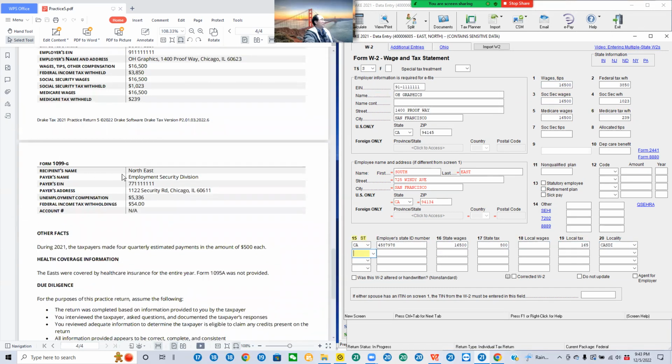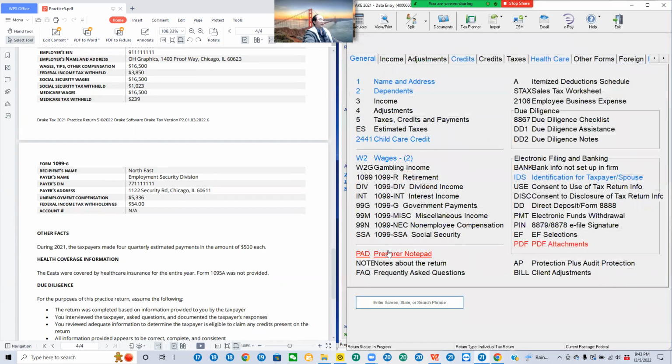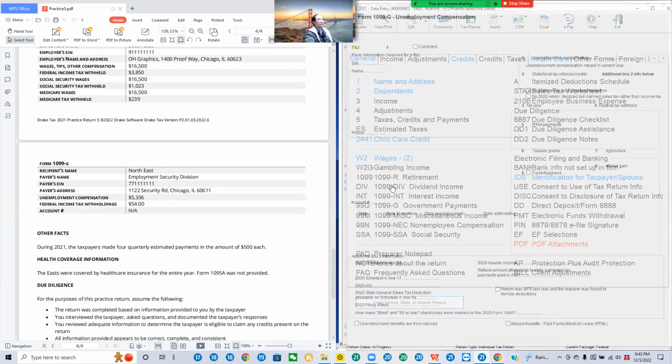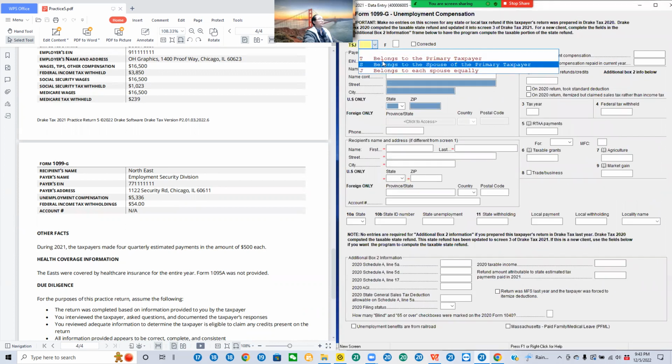There is an unemployment for Northeast. Now, unemployment is 1099G, G like George right here. Now, this is each and every state.